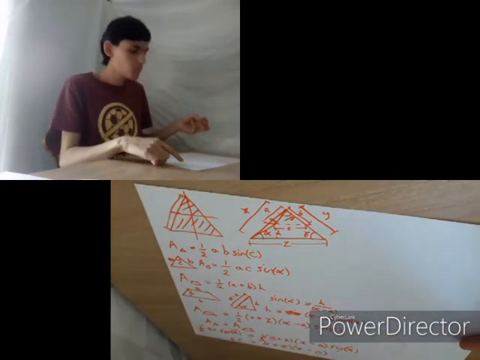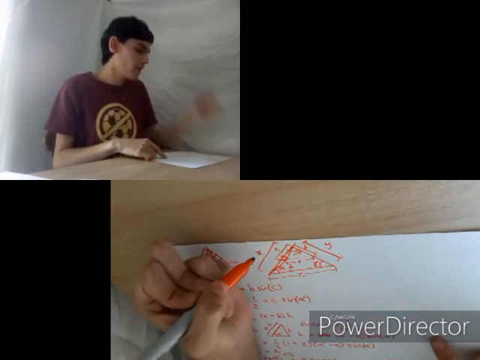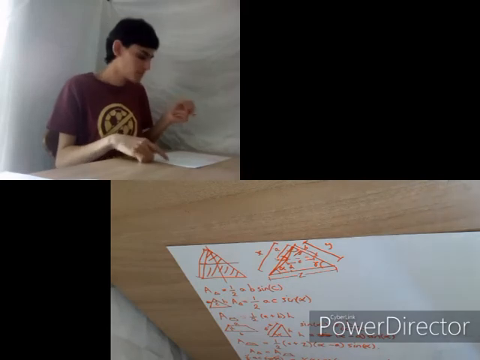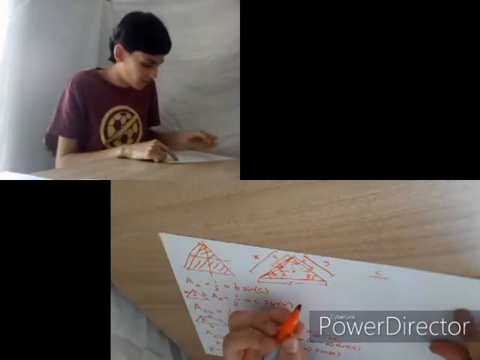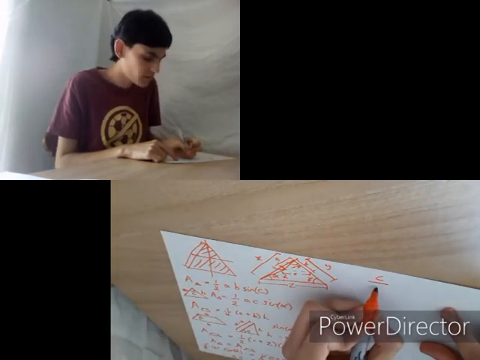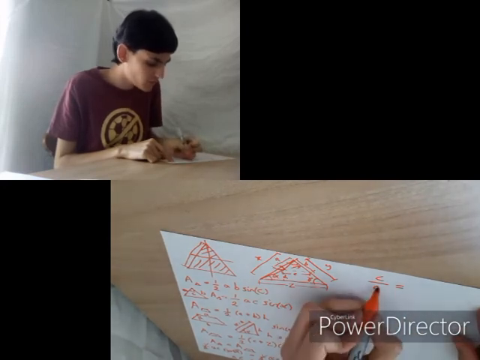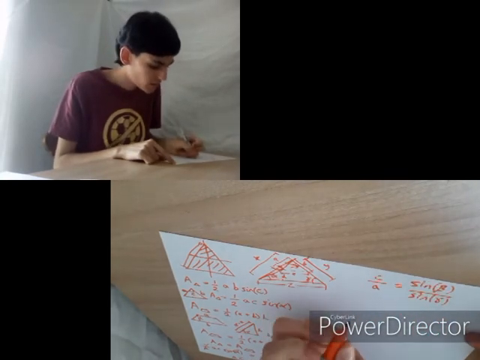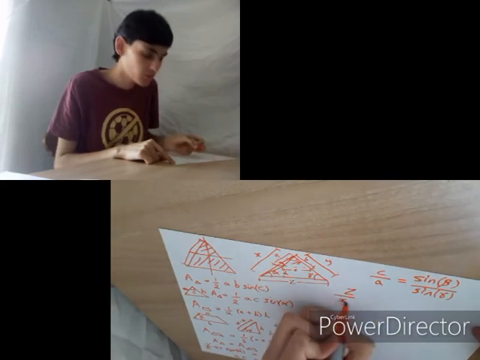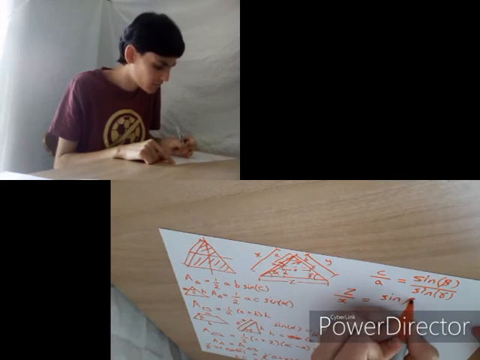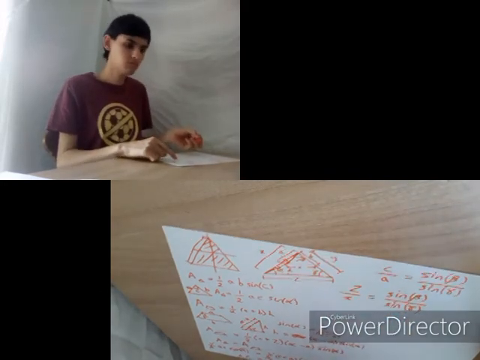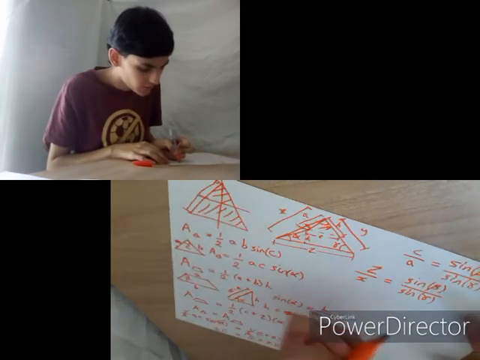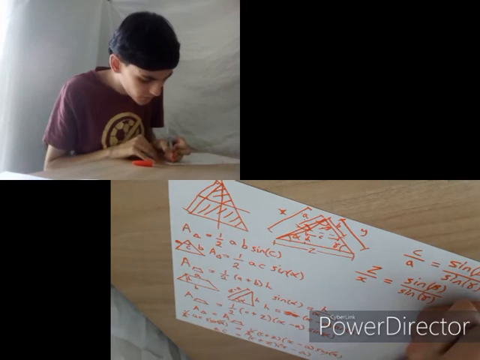Now what we want is a ratio between X and A, so we need to get rid of C and Z. The sine rule tells us that C over A is equal to the ratio of sine of beta over sine of gamma, and similarly Z over X is equal to sine beta over sine gamma as well.